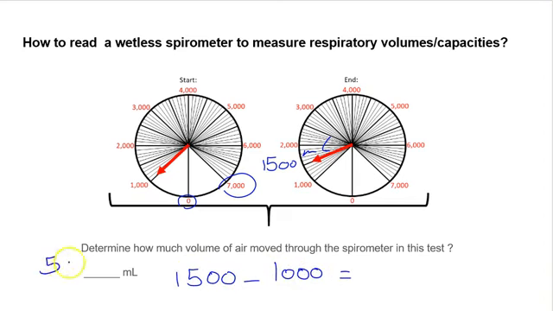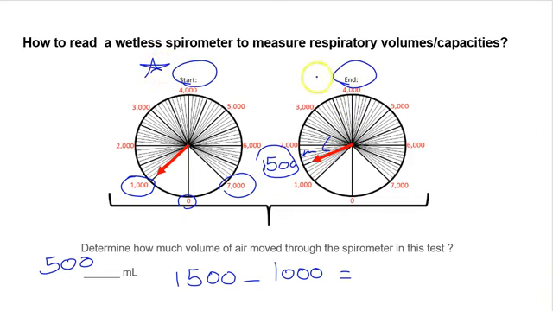That would be the amount of air that you exhaled: 500 milliliters. Why? Because our starting point was 1,000 and the ending point was 1,500. So please pay attention to your start point and end point, and then do end minus start, and that would be your number.